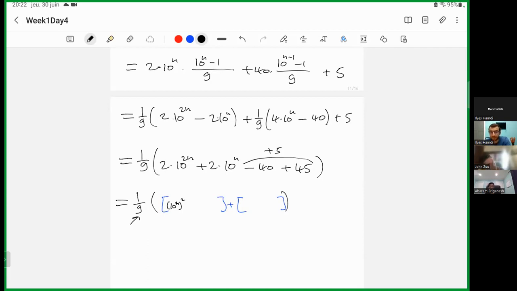Let's see if you guys have ideas. What happened is that I simplified what I had, and maybe I should not simplify them. So I'm going to tell you what I'm talking about. Here I had a minus 2 times 10 to the n plus 4 times 10 to the n plus 5, right?